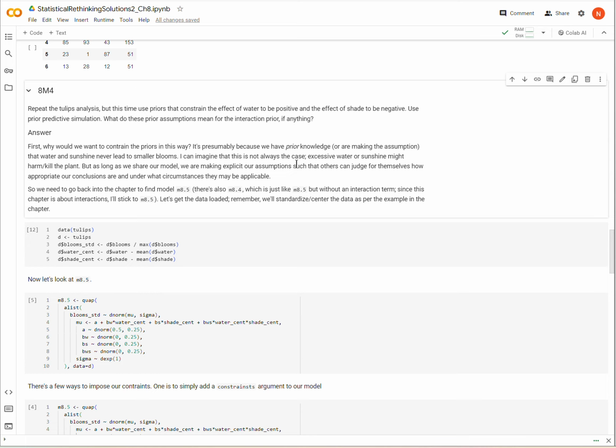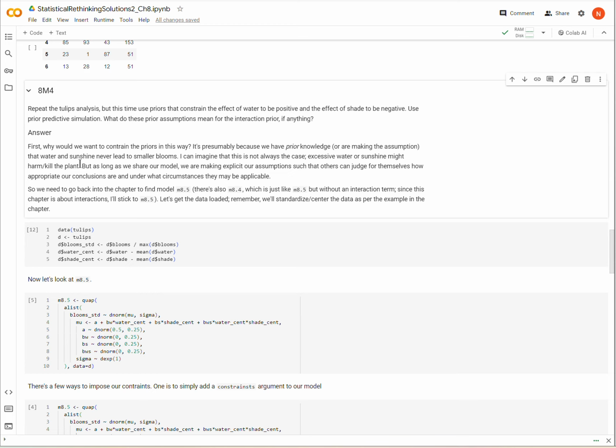I'm not a plant person, but I can imagine that could be the case. Okay. And so this is one of the strengths of, well, maybe not Bayesian analysis, although it makes it very explicit, but of stating up front the assumptions that you're using in your models. And Bayesian analysis always makes this very explicit as long as you're sharing your model, because the assumptions are just played out right there in the priors and in the construction of the model, etc.